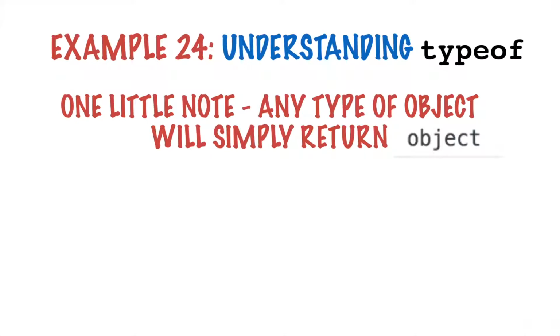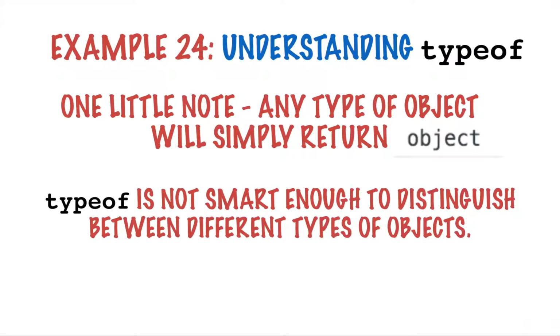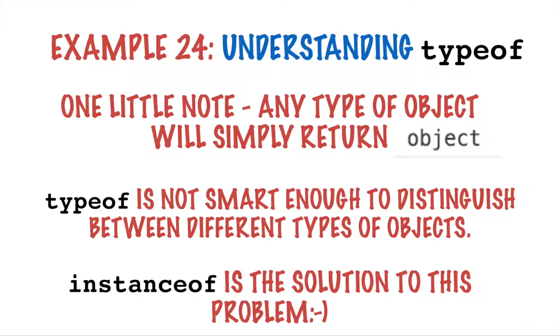If you call typeof on a rectangle and typeof on a square or a triangle, it will still say object. It will not tell you that it's a rectangle or a square or a triangle. typeof is not smart enough to distinguish between different types of objects. It can tell you it's an object, number, string, boolean, yes, but it cannot differentiate between objects of different types.